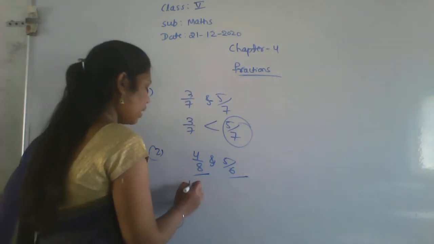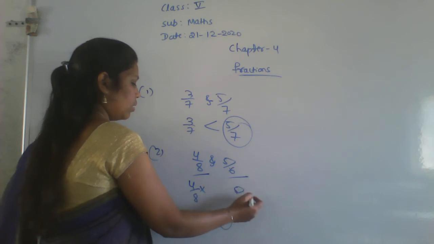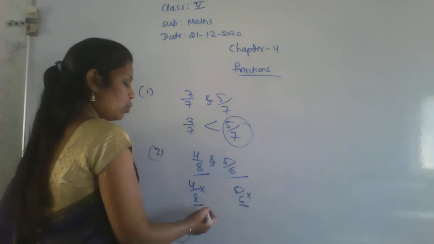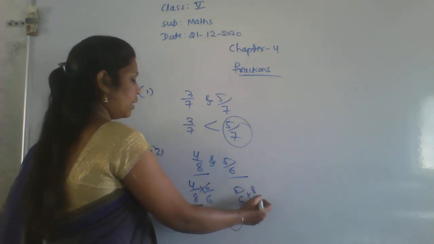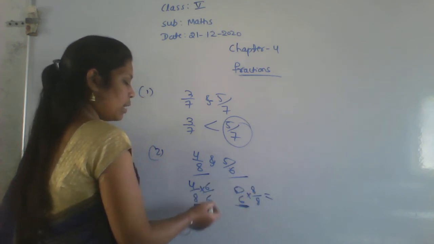That is 4 by 8 here and 5 by 6. So here multiply by 6 by 6 and here multiply by 8 by 8. This value has to be multiplied here and this value here.